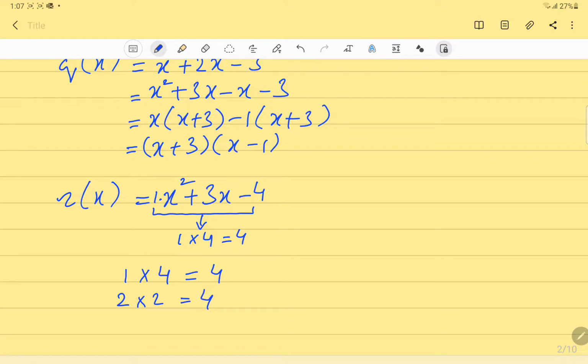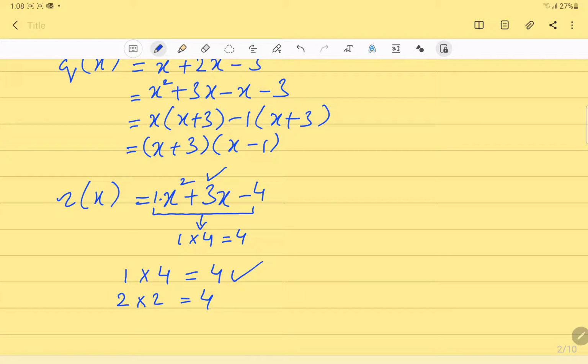Now which pair of factors will give us 3 if both are added or subtracted? Obviously the first one, because if we subtract 1 from 4 we are getting 3.